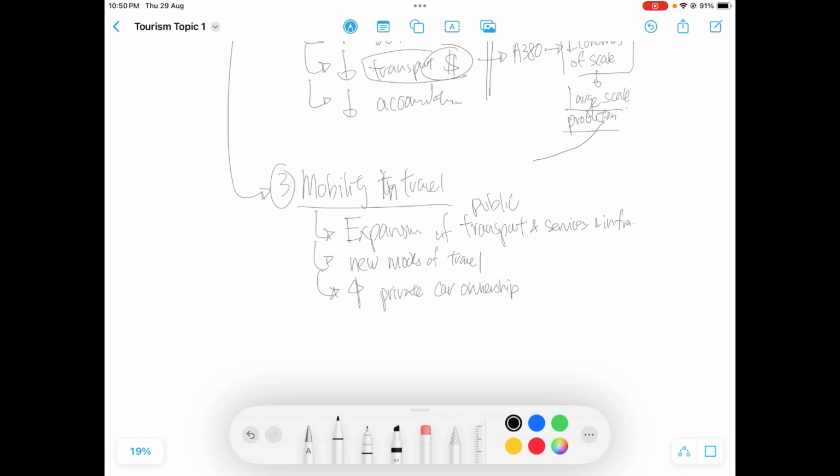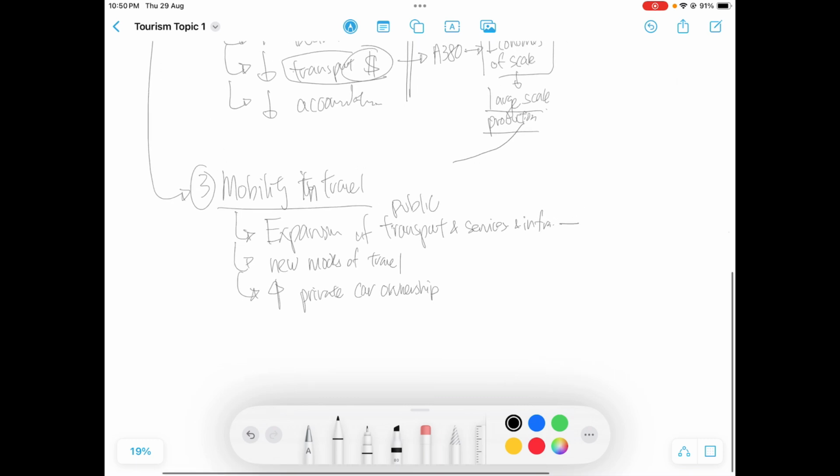Okay, for mobility, we need to understand that the expansion of public transport services and infrastructure actually provided, what's the important point over here? It actually provided greater connectivity. I think that is the main pointer over here. It increases connectivity within different parts of the country, or even between countries as well.